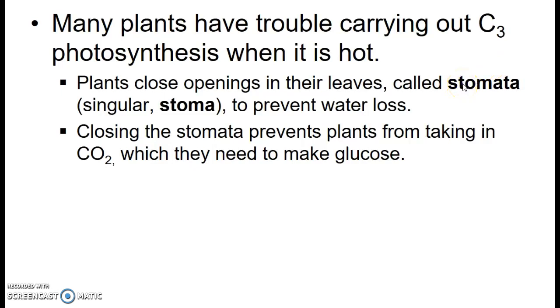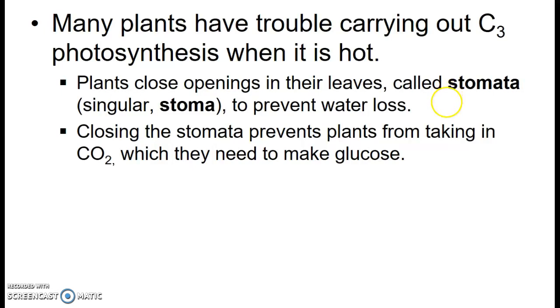And when they open the stomata, that allows water to escape. And so if it's really hot and dry, then when the stomata are open, that's going to allow more water loss. And that's obviously bad for the plants to lose too much water.